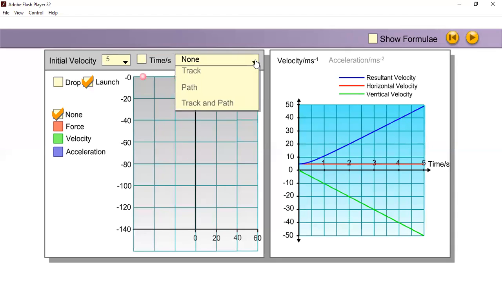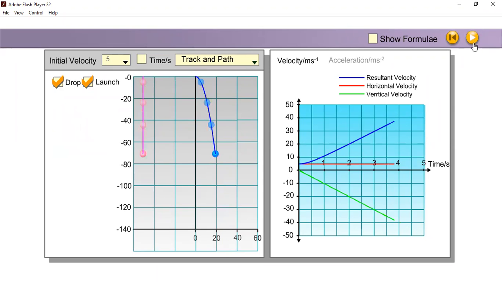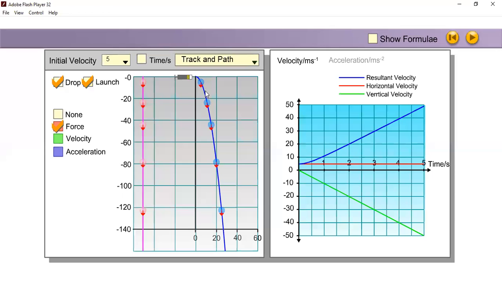The track of falling is like that, so I show the path and the track together. The force is always the same as with the drop. The force going down is equal for both of them.